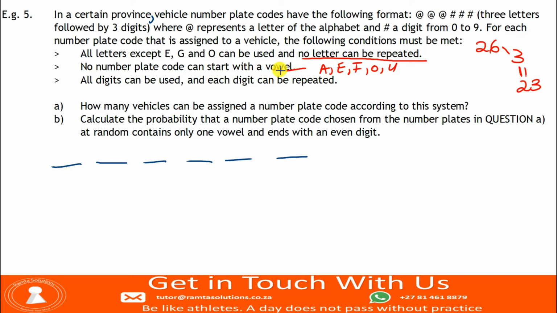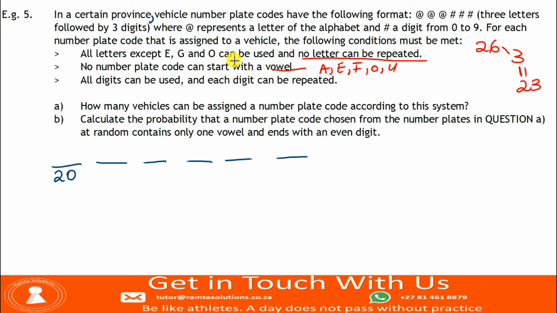No vowels and no E, G, and O. So that basically means for the first place you have 20, right? You have 20 because vowels include E and O, right?